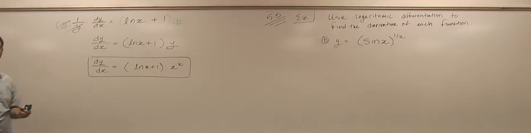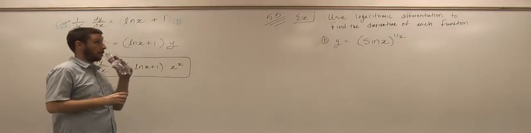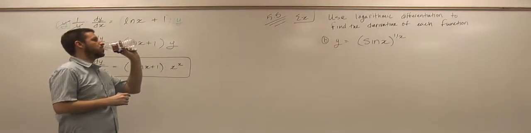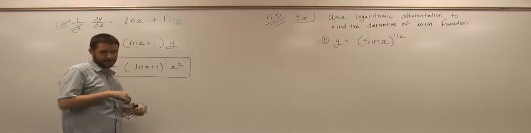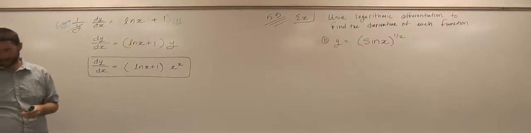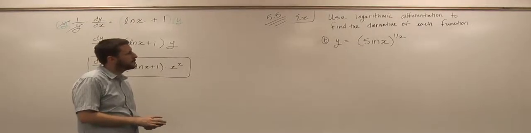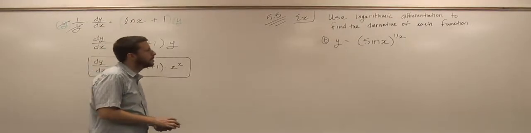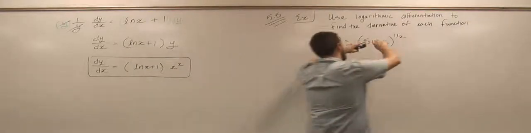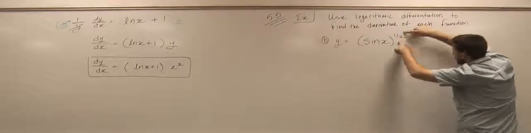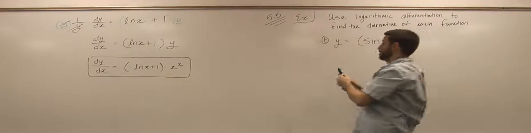I want the derivative. What do you think? Because you have a variable in the base and a variable in the exponent, you're going to natural log both sides.